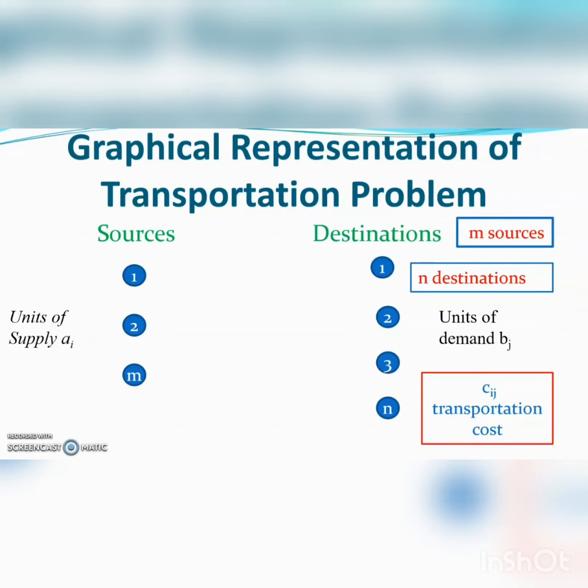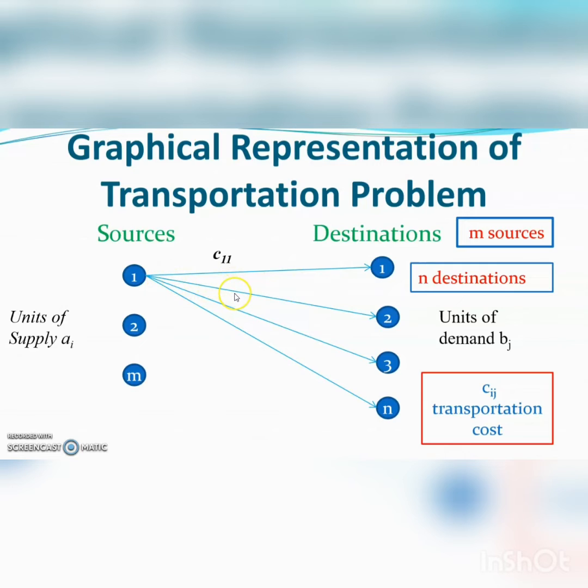Now, let Cij be the transportation cost for shipping 1 unit of product from ith source to jth destination. That is, C11 is the cost of shipping 1 unit of the product from the source 1 to the destination 1.